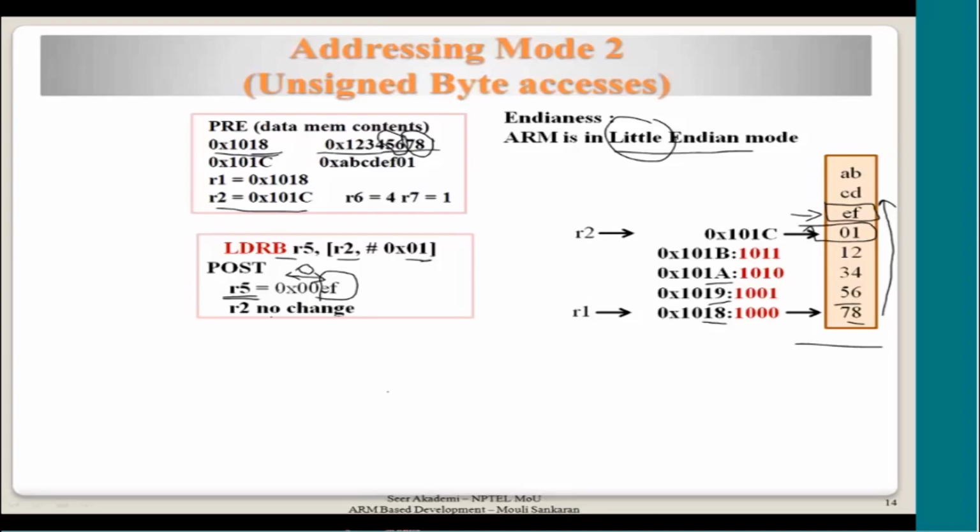Assume R5, before this instruction was executed, had some random value like this. If LDRB modifies only the least significant byte, what happens to the remaining bytes in the register?